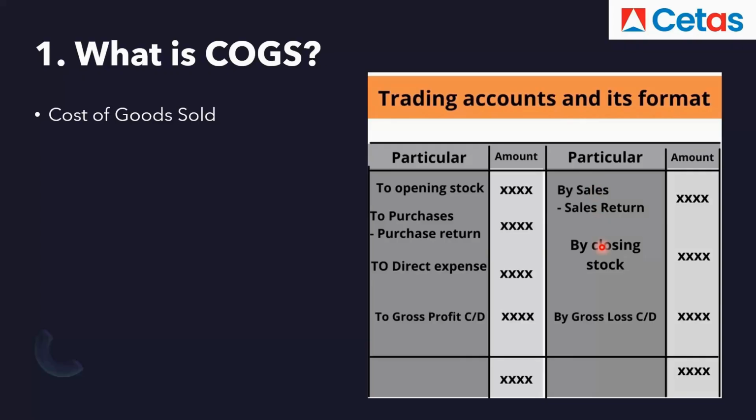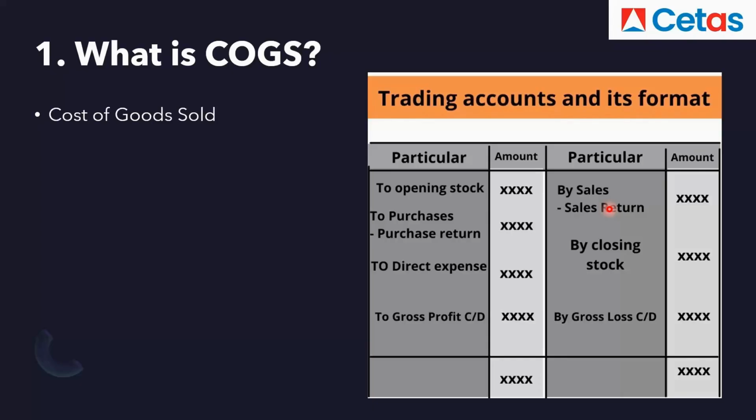To arrive at the gross profit or gross loss, indicated at the bottom of the trading account, we add up all the items on the left side, which is opening stock, net purchases, and direct expenses. Subtract the closing stock from this total, then subtract this result from the net sales to find the gross profit or gross loss.